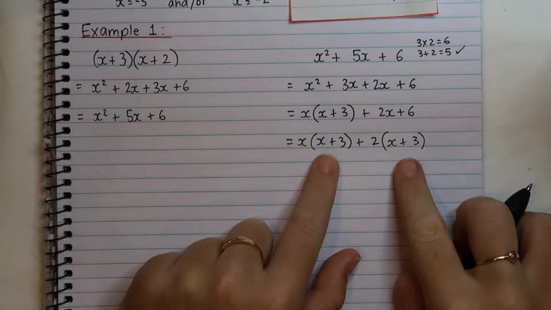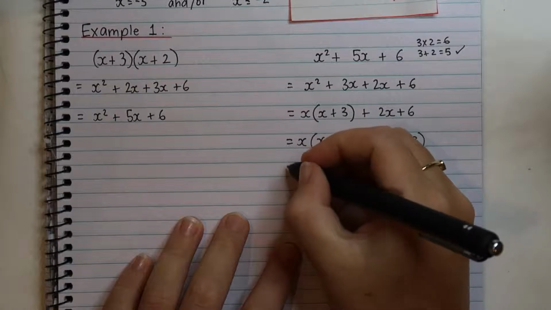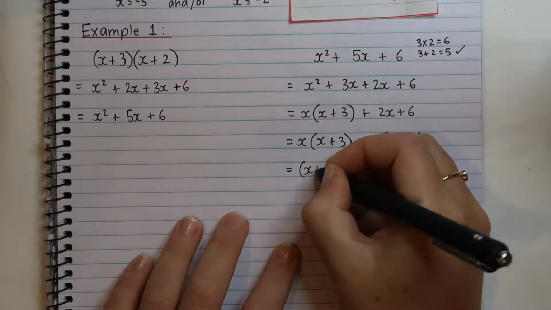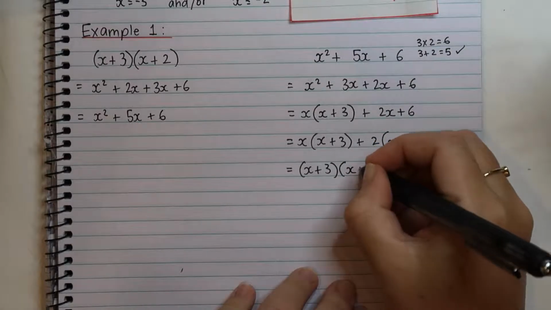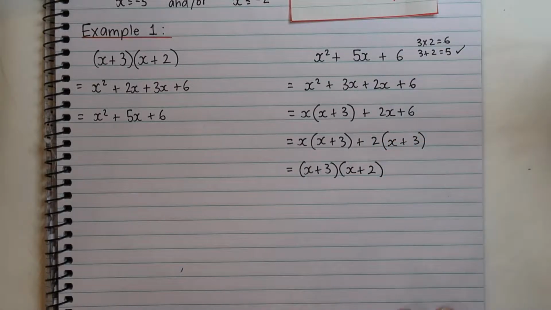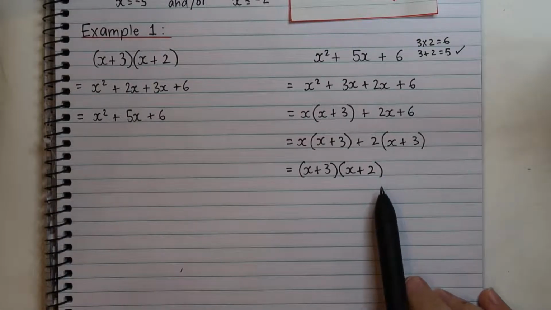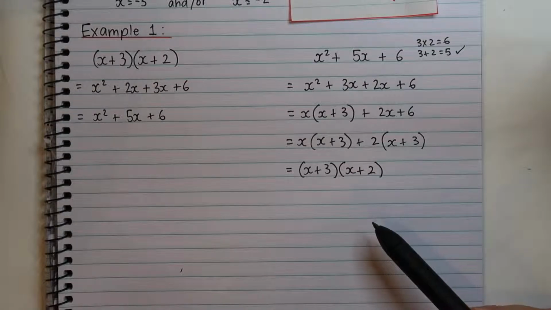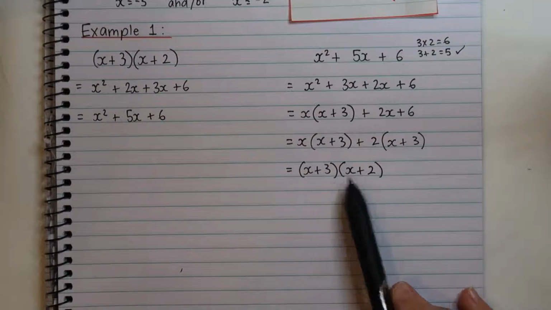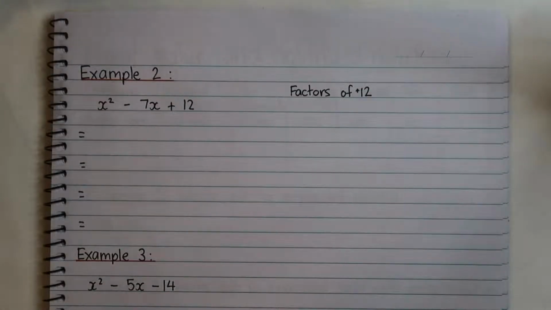From this, you can see that there's a common factor of x plus 3. So we're going to take that out the front, and we're left with x plus 2. The quadratic now has been factorised. Note that you should never get these wrong because the answer can always be checked by multiplying out the brackets again. So let's have a look at an example.